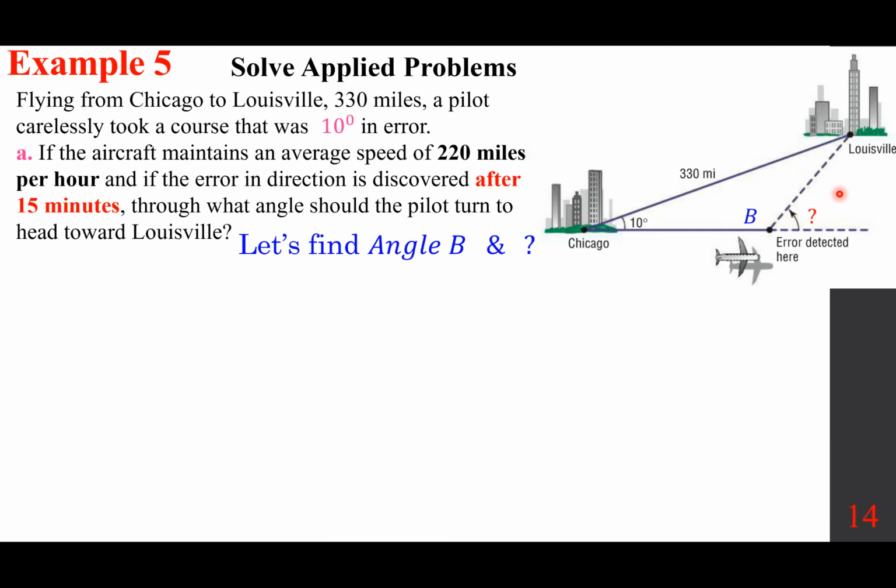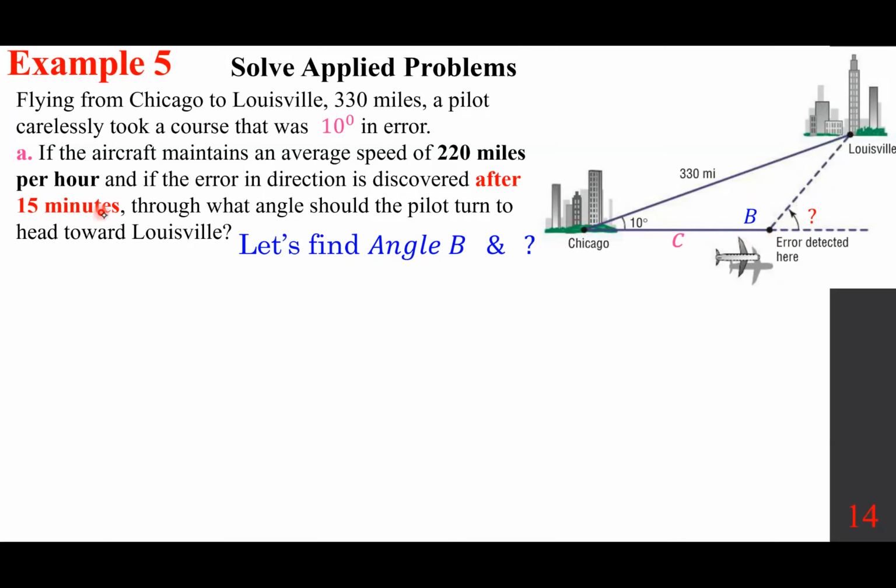So let's find angle B first, and then we can find what we are looking for, which is simply 180 minus that. So it's very easy to find that after we have that. Here's the distance, we're going to call it C. We've been traveling for 15 minutes.